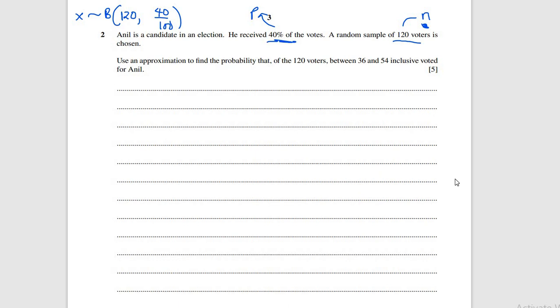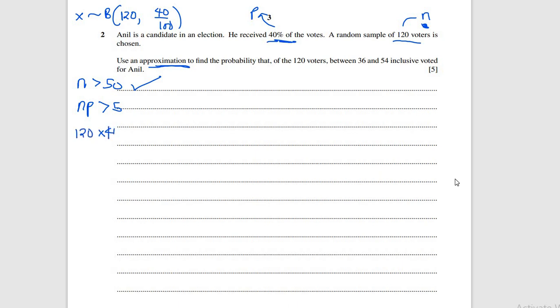And the question asks us to use approximation. The fact that they said we should use approximation means that some conditions have been met. What are the conditions? Let's check our n first. Is our n greater than 50? Yes. n is 120. Is our np greater than 5? Let's check it. What's n? 120.